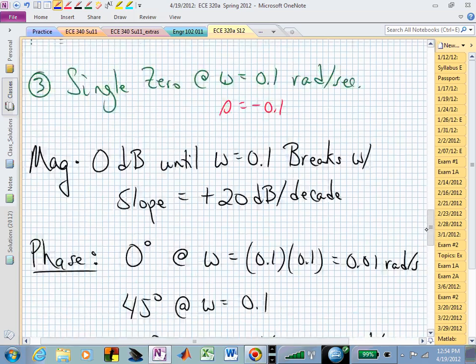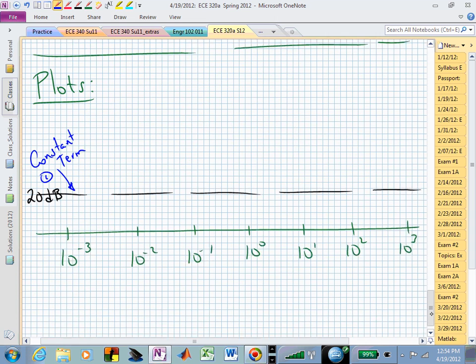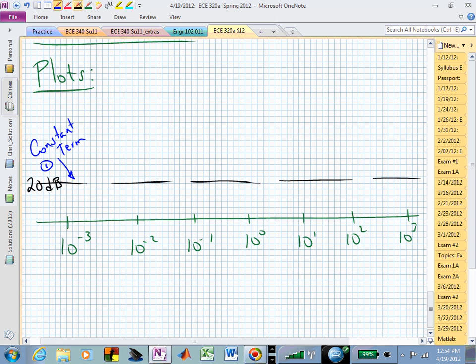Let's now go back and look at term 2. That was our single pole at the origin. That's now this line that's sloping minus 20 dB per decade, and it passes through 0 dB at omega equal 1, or 10 to the 0.